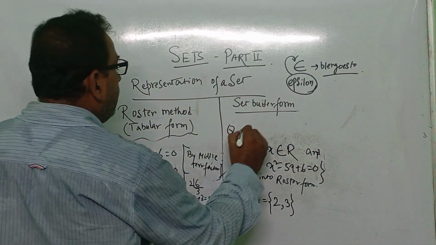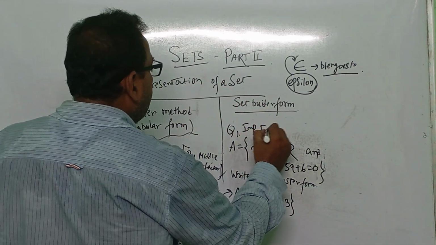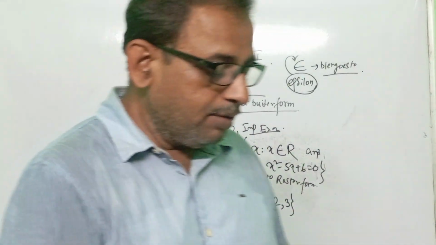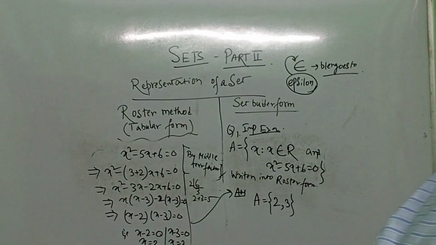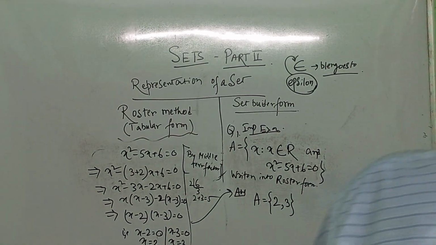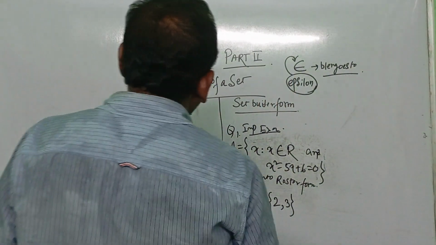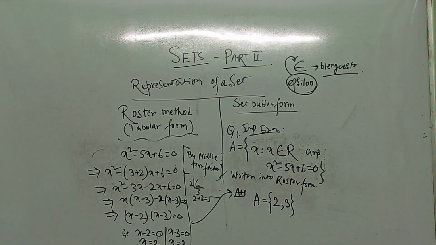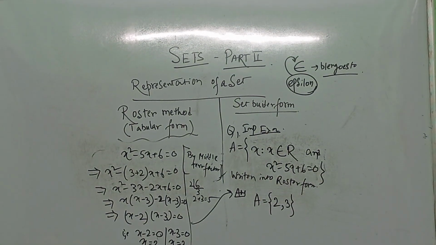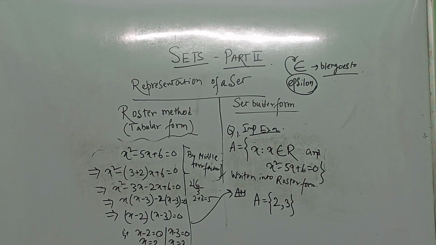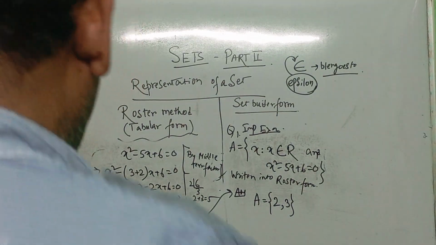This question is very important for the exam because you already know the middle term factors. This is the type 1 question always given in the question paper: change the roster form to set builder form and set builder form to roster form.